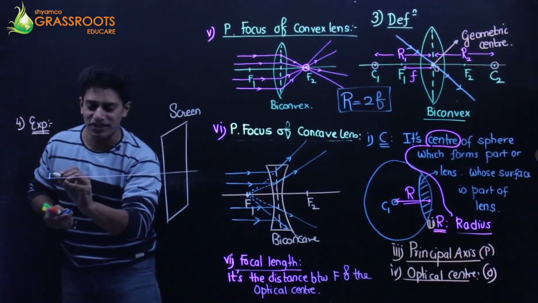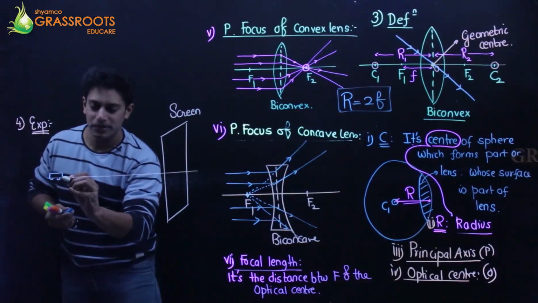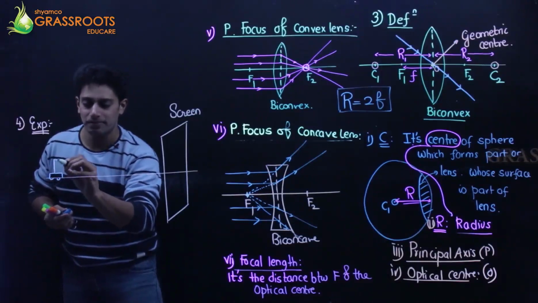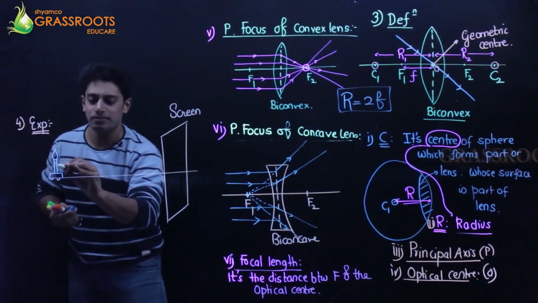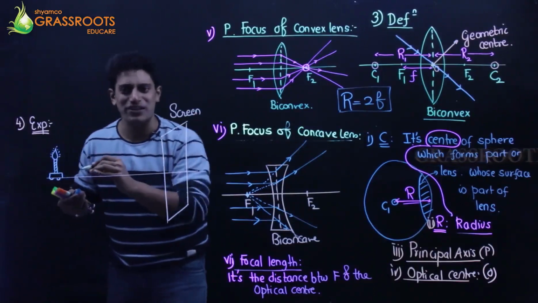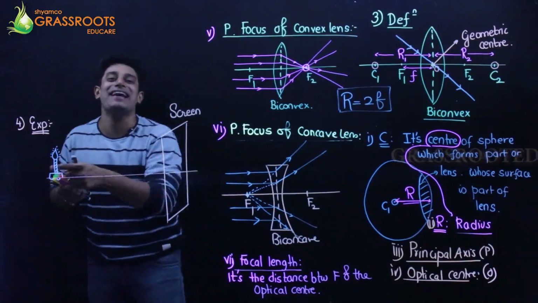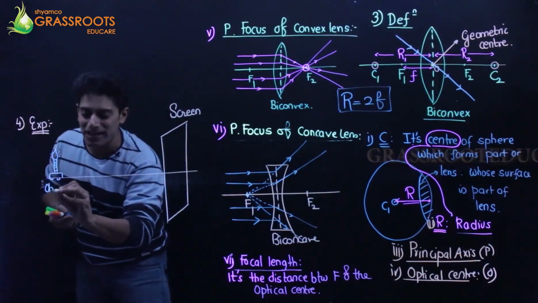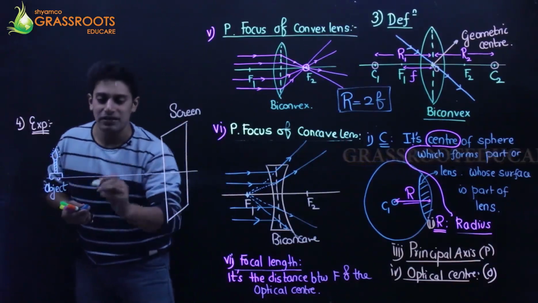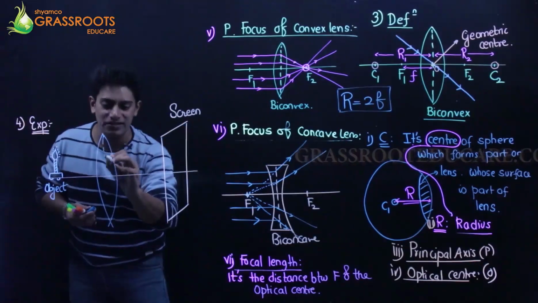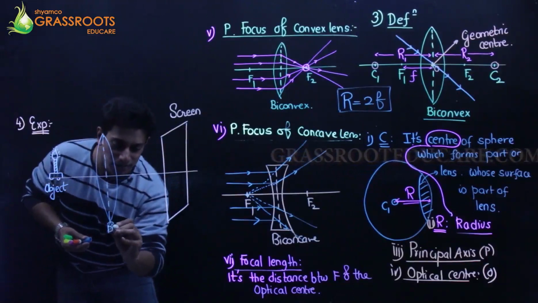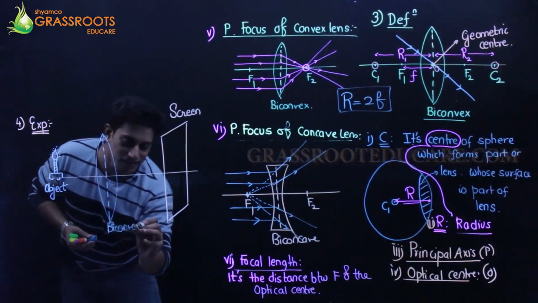And there is something like a trolley, on which we keep a candle. So this is like a candle burning just on a trolley. Why trolley? So that I can slide it. So candle behaves like an object, and at the center we have a lens. Let's consider a biconvex lens.